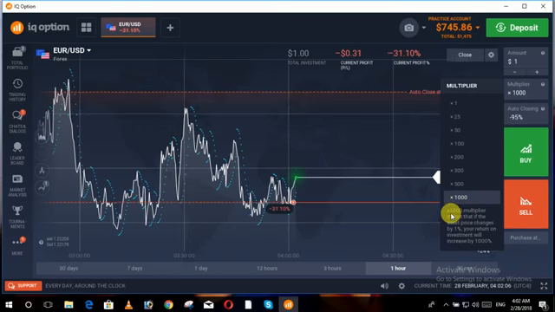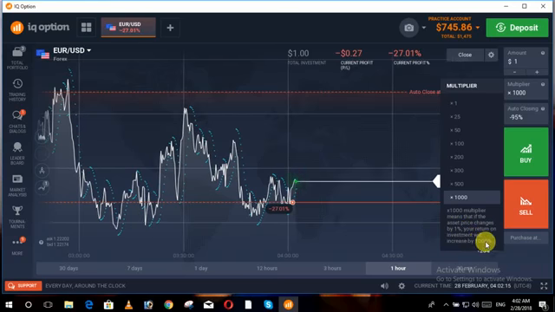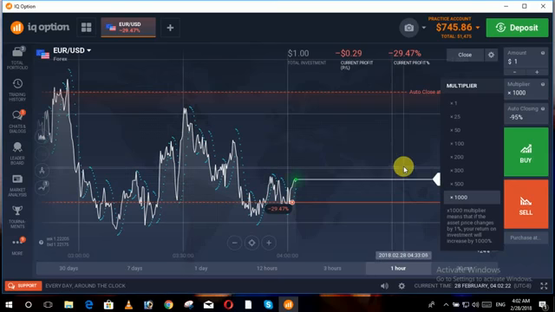at the bottom it is mentioned that multiply by 1000. Multiplier means that if your asset price changes by 1%, your return on the investment will be increased by 1000%. Okay, but this is not only in the case of profit, this is also in the case of loss.